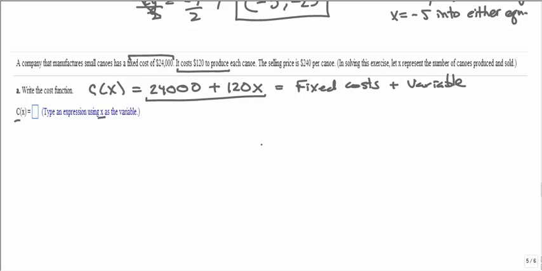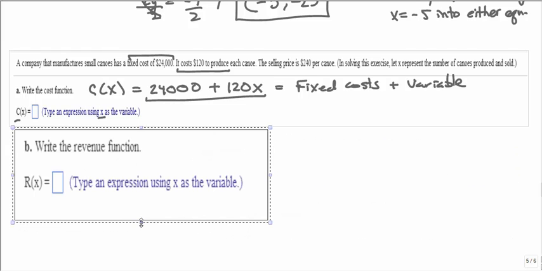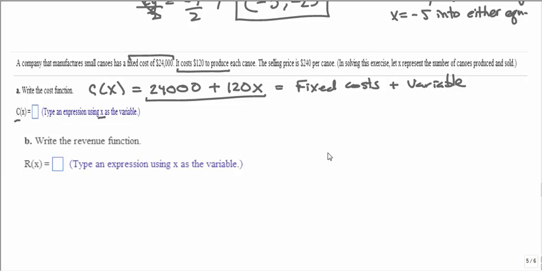Now the revenue function basically means how much money do I make when I sell each item. Okay, so revenue function, that's this other number that I haven't used up here. The selling price is $240 per canoe. So my revenue is 240 times x.